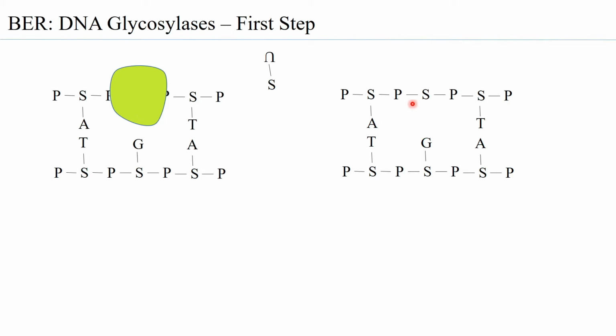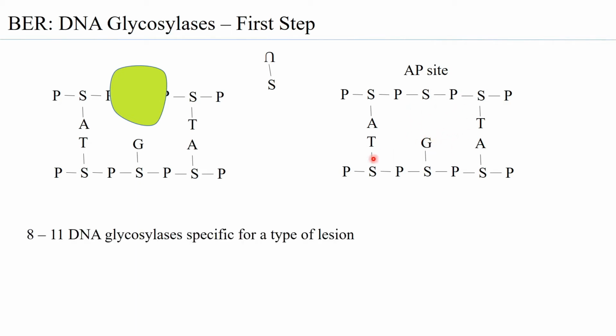So what is created over here is what is called the AP site. Now, when you have no nucleotide at this point, this is again an indication that there is abnormality in the DNA. So this is another way of signaling to the repair system that there is something wrong over here, and hence this has to be taken care of.